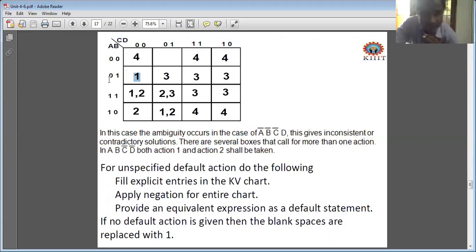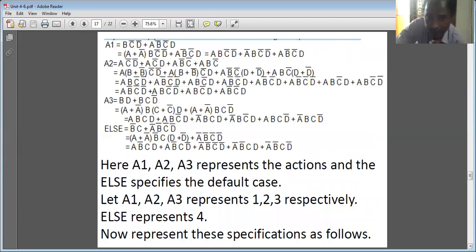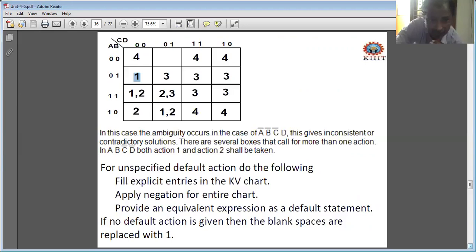Wherever the terms come, there you put 1. Wherever the terms come, put 2.